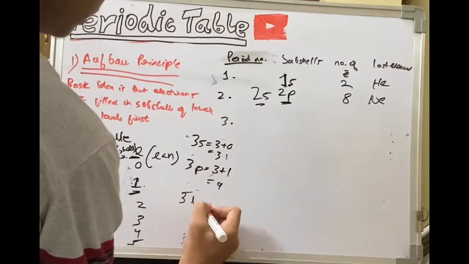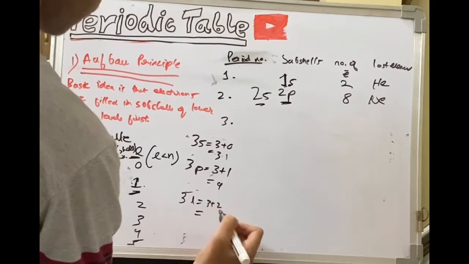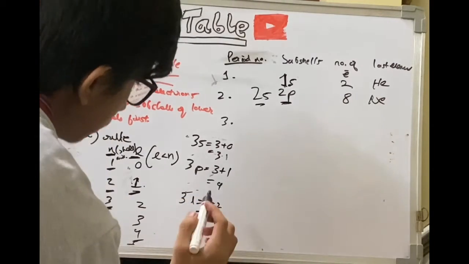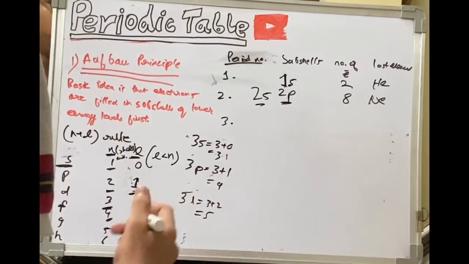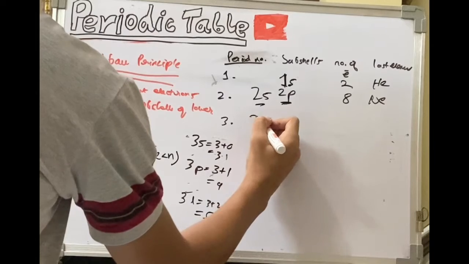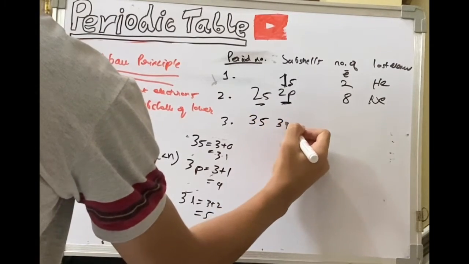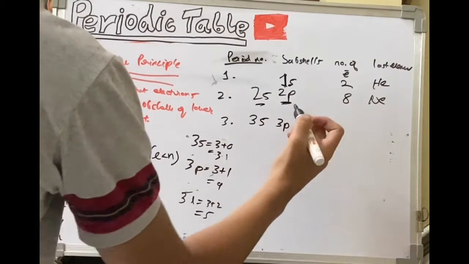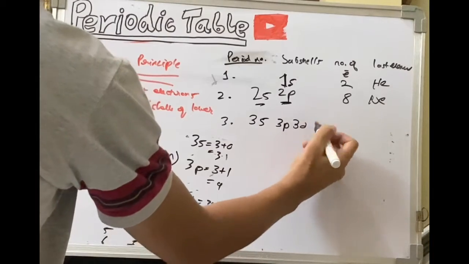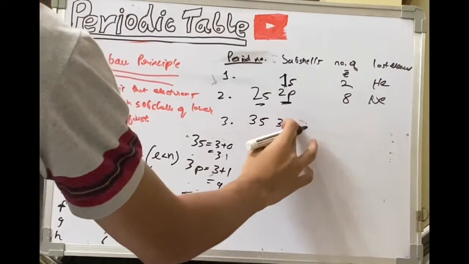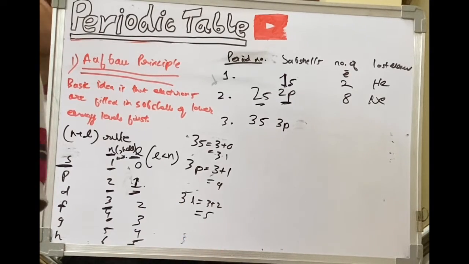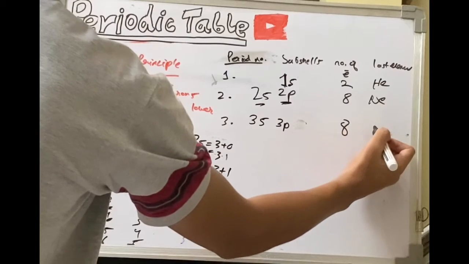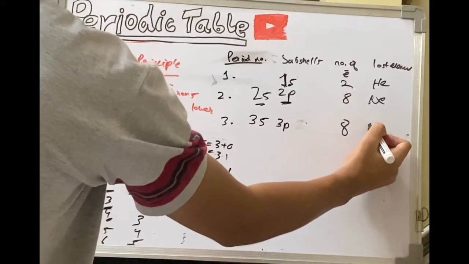And 3d will be 3 plus 2, so it will be 5. So it won't come, right? So it will be 3s, 3p, and it can't be 3d over here, because then all the electrons will be filled as it is. In the third shell there are 8 electrons, right? So it will be 8 again.